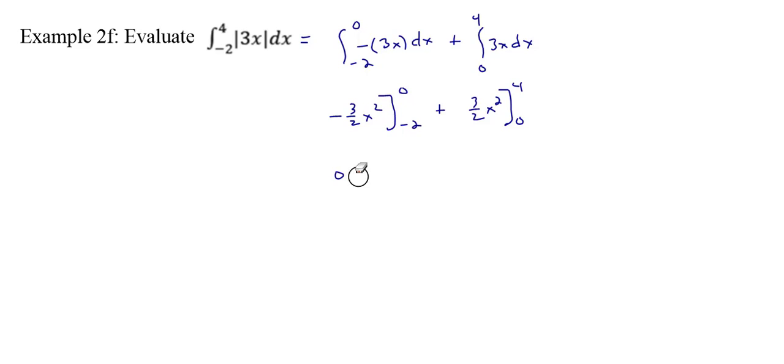Minus, I should say, minus, okay, that'd be -3/2 times -2 squared, 4, to -6, negative, so +6. Plug in a 4 and then plug in a 0. All right, 16 divided by 2 is 8. 24. Final answer 30.